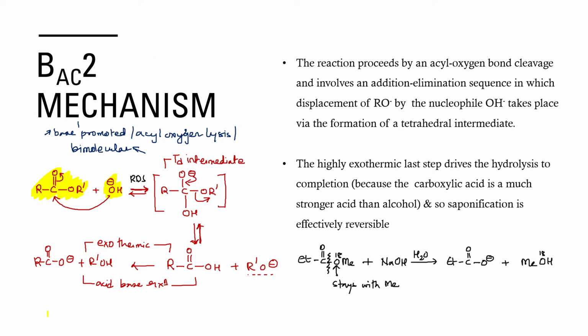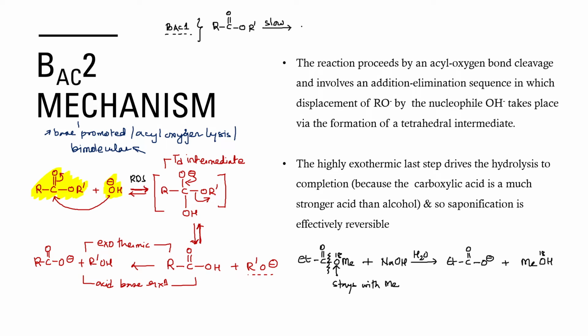For BAC1 to occur, इसको होने के लिए, can I say in the rate determining step I should be having only ester, and in the slow step of reaction first order है तो मतलब सिर्फ एक ही कंपोनेंट रहेगा.